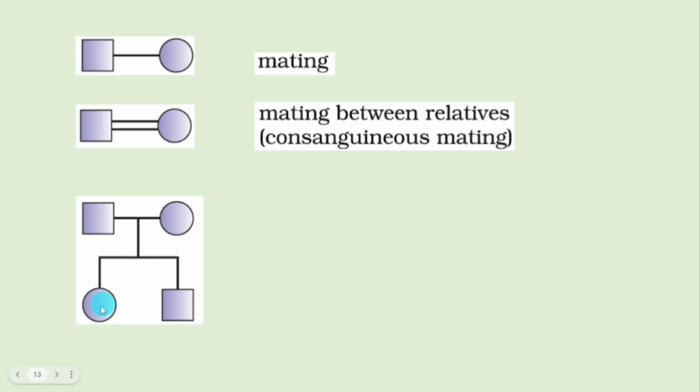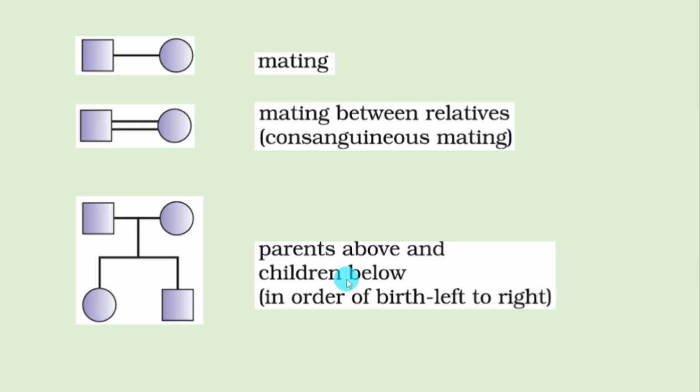So the firstborn is a female daughter, and then the second child is male. So parents are denoted above and children below. And this is the birth order. First child was girl and then a boy.